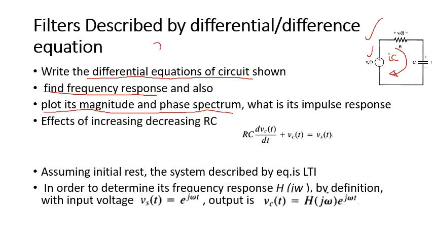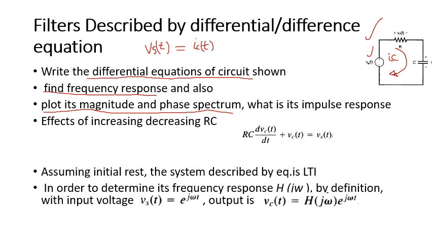So the input is x of t, v source of t, right? That's our input, and this is equal to the drop across the resistor, which is i_C(t). Can I write it like this?